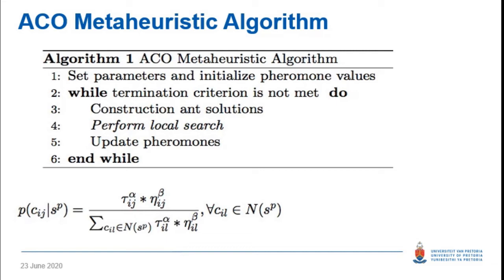That's then divided by the sum over all the possible solutions that have been found, all the pheromone values times the heuristic value. So your N(s to the power p) is the neighborhood from the node that you're at. It's all the possible solution components that can be reached from the current node or the current solution component.